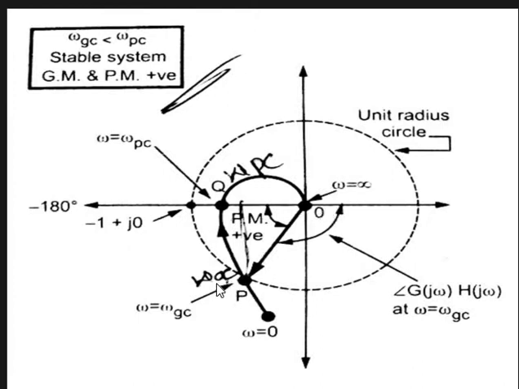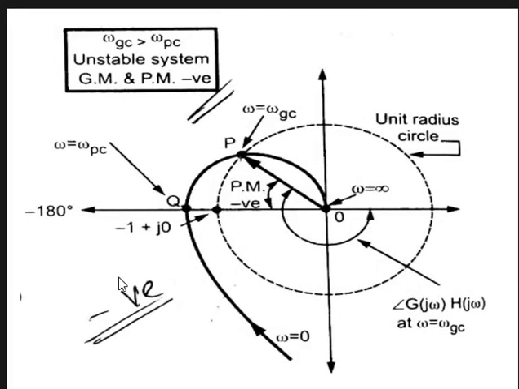We draw a line from the origin to this point. The angle between the 0 degrees line and this line is the angle of G of j omega H of j omega. So 180 degrees plus this angle is the phase margin PM. Like this we can calculate the gain margin and phase margin.